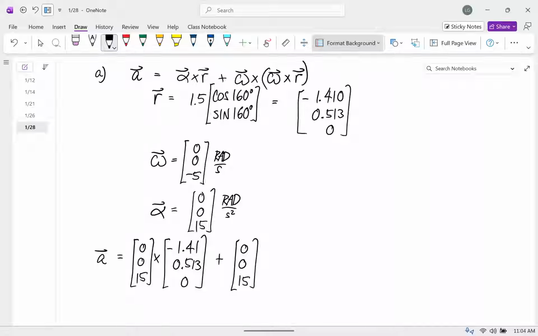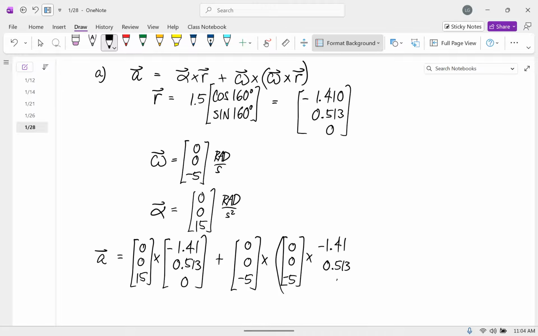Nope. Wrong. This should be omega. 0, 0, negative 5, crossed with the quantity 0, 0, negative 5, crossed with negative 1.41, 0.513, 0.